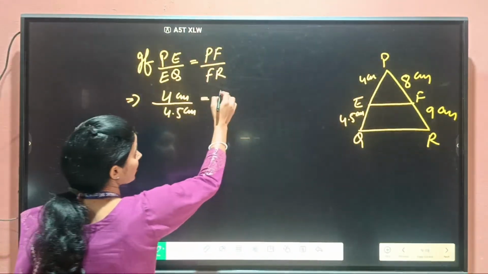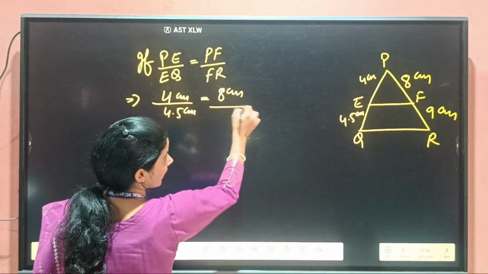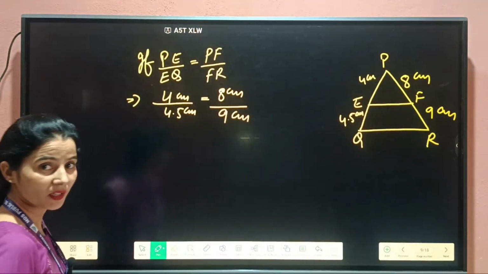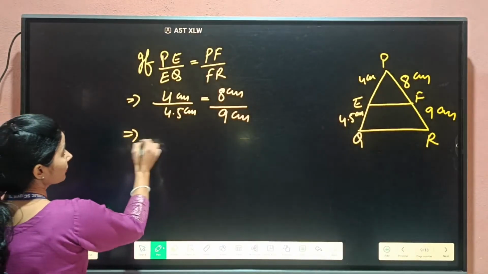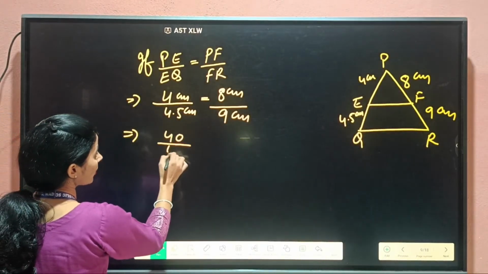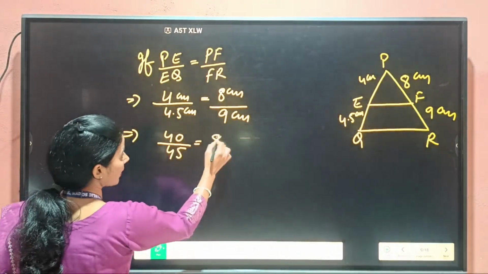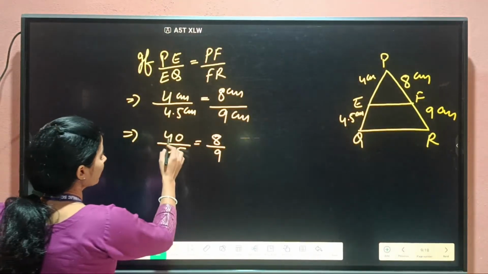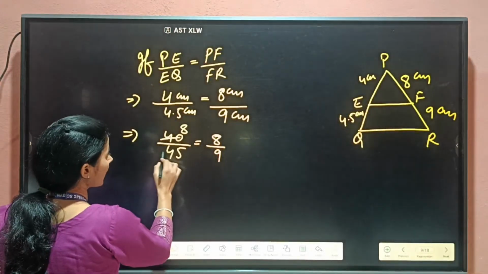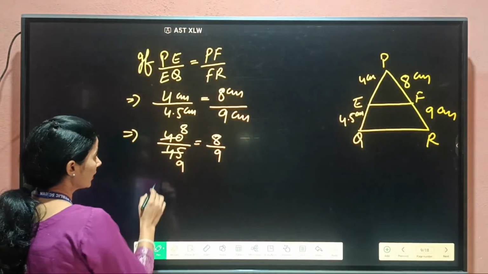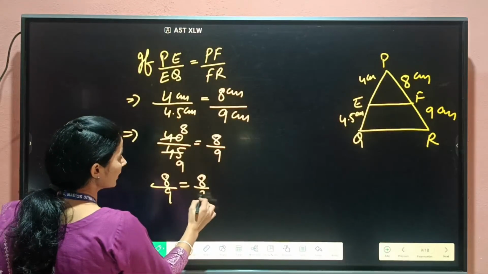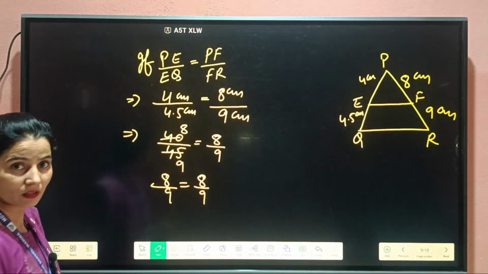PF is 8 centimeter and FR is 9 centimeter. Centimeter to centimeter cancel everywhere. Now this is 40 by 45 and 8 by 9. Let us cancel with 5: 5 8s are 40 and 5 9s are 45. You will see 8 by 9 is equal to 8 by 9, meaning this ratio is equal.